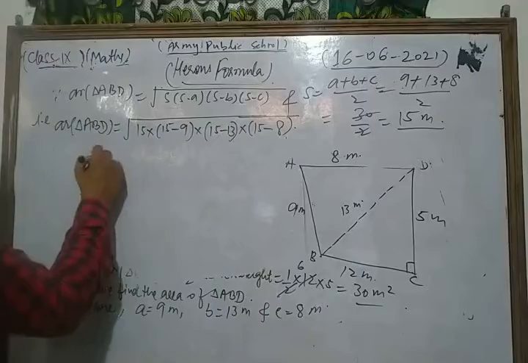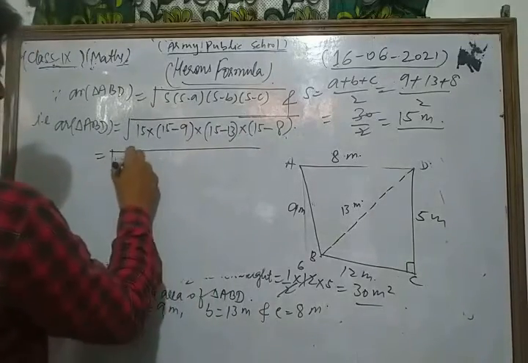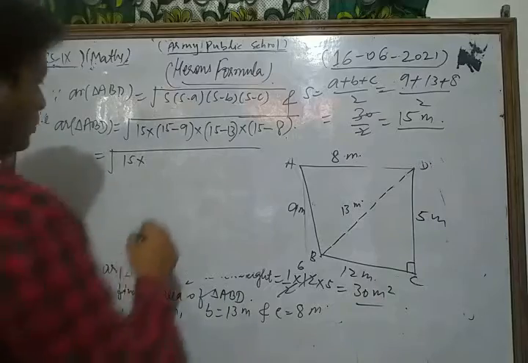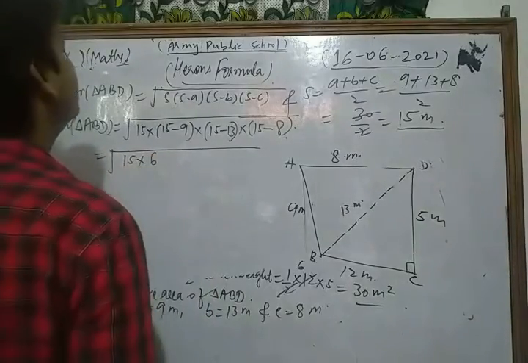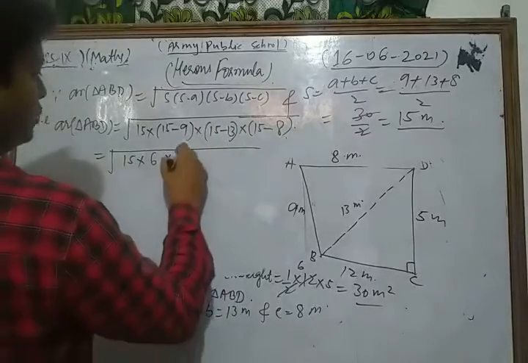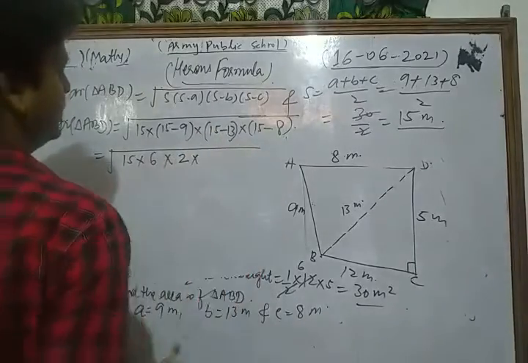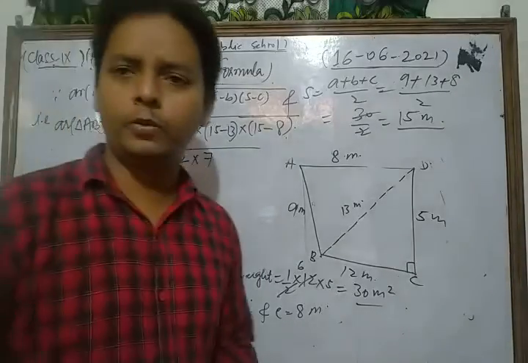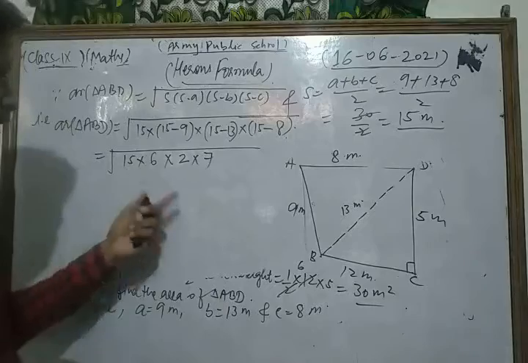Now we simplify them. It is 15 into 15 minus 9, which is 6. So 6 is left here, into 15 minus 13, which is 2, and 15 minus 8, which is 7. Now we multiply and find the square root.